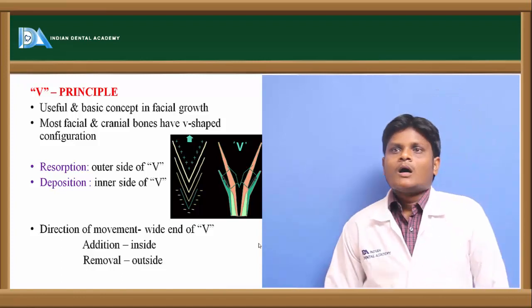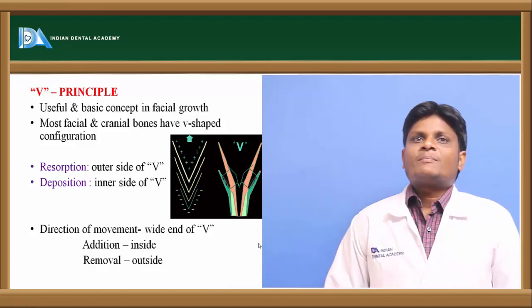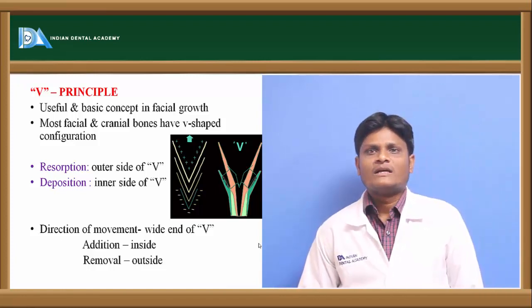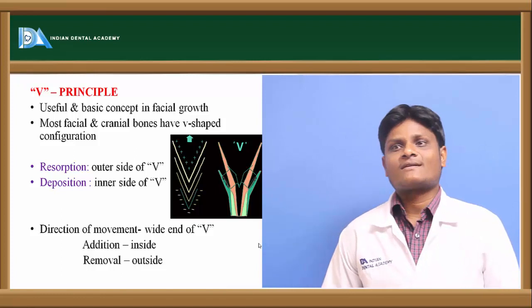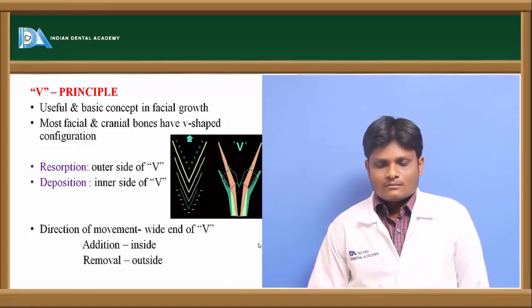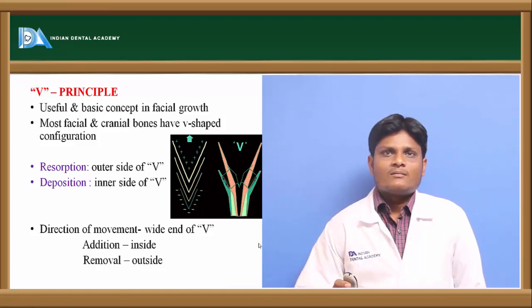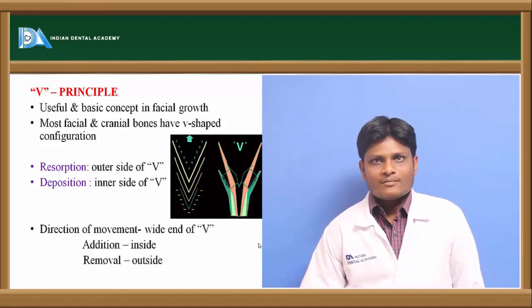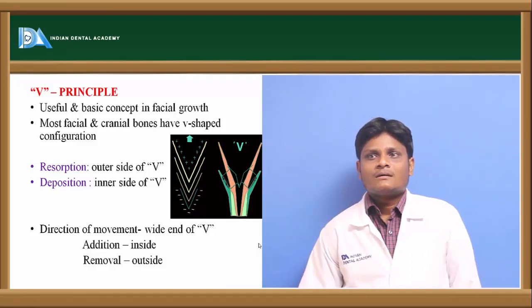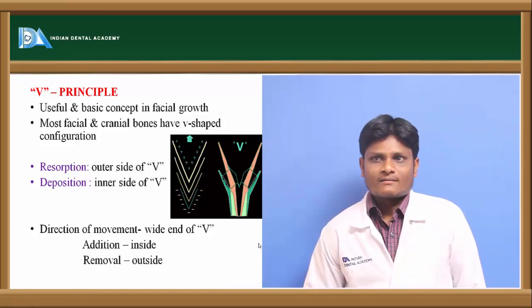Now, the next principle proposed by Enlow is the expanding V principle. It is a very useful and basic concept. When we take different segments of the bony maxilla or mandible, the growth occurs in an expanding V manner.